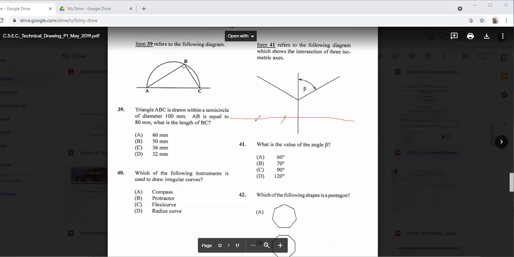Using here as center, draw a semicircle. Then open a compass to 80 and, using here as center, strike an arc right here. Then you measure from here to get the other part of the triangle.